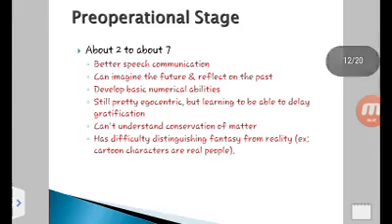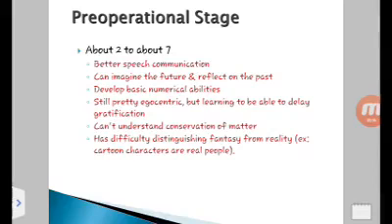The next one is the pre-operational stage, which is about 2 to 7 years old. In this stage, a child has better speech communication, can imagine the future and reflect on the past. They can develop basic numerical abilities.